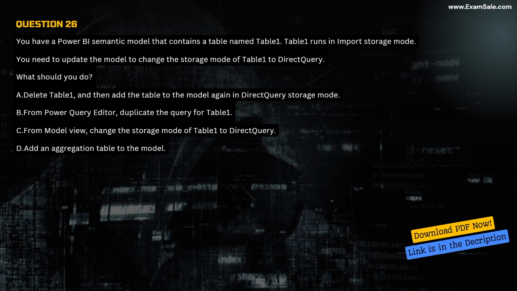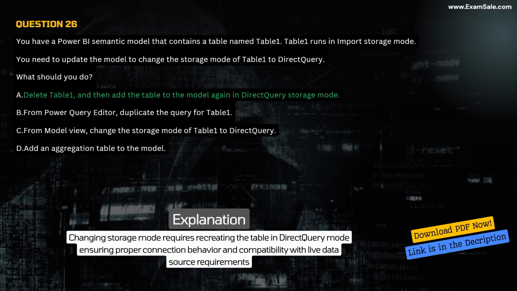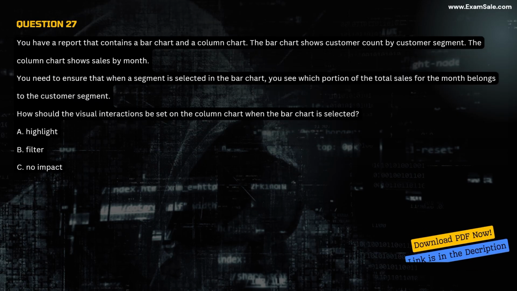C. From Model View, change the storage mode of Table 1 to Direct Query. D. Add an aggregation table to the model. Correct answer A. Delete Table 1, and then add the table to the model again in Direct Query storage mode. Explanation. Changing storage mode requires recreating the table in Direct Query mode, ensuring proper connection behavior and compatibility with live data source requirements.